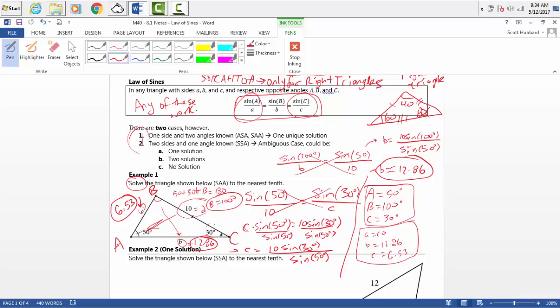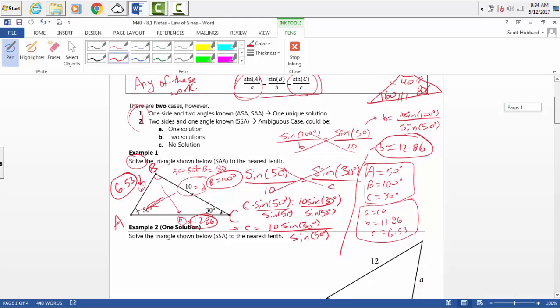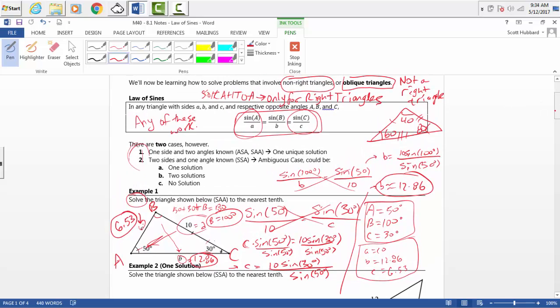Okay, all right, so that is the simple case when we have ASA or SAA. So remember that from geometry, that means we have angle, side, angle, or side, angle, angle. So in this case we had side, angle, angle, because we had a side given to us and we had an angle and an angle.